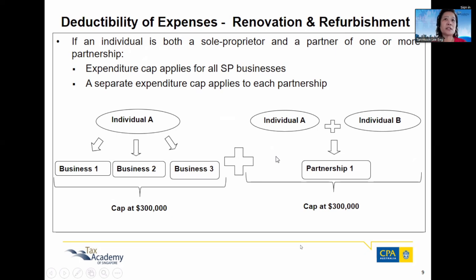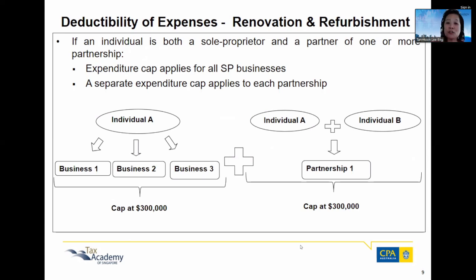Okay, so this is what I mean by the expenditure cap of 300K. This is more visual. You look at it, you have a better understanding. You see, this individual is both a sole proprietor and a partner. So what happens if he incurs renovation and refurbishment costs, R&R costs?